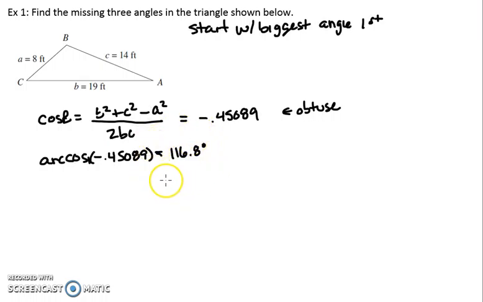Now, if you wanted to, you could solve for cosine of A and cosine of C using the law of cosines, but the law of sines is a little bit easier, and now we have a side and an angle. So let's go with A next.